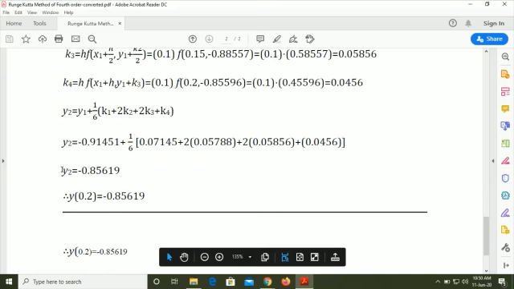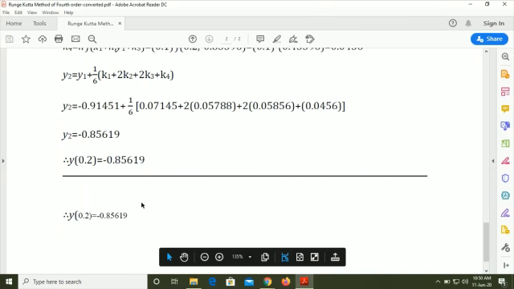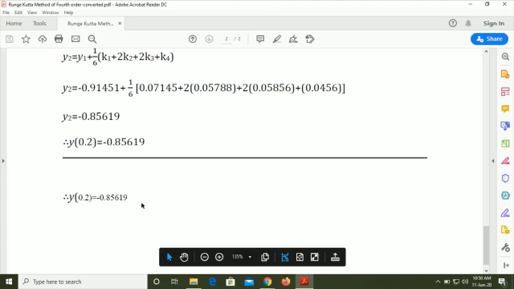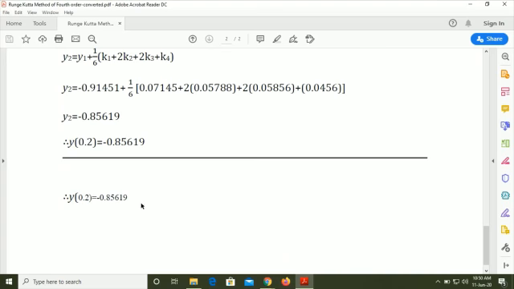On simplification, we can get y2 or y at point 2 equal to minus 0.85619. That is the answer of the required question. Thank you.